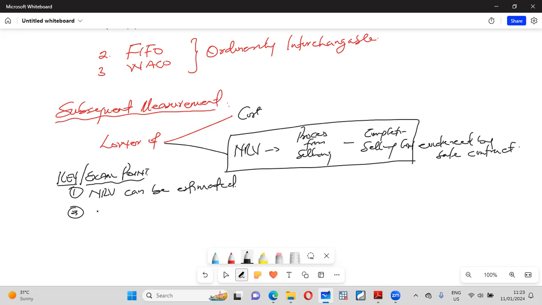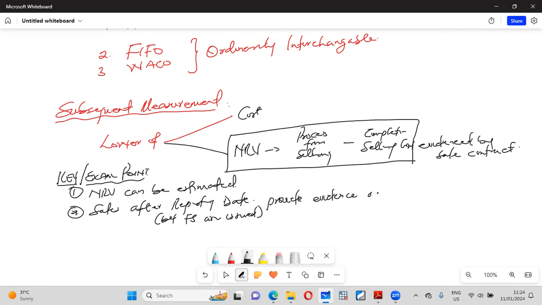If you sell the inventory after the reporting date, before the financial statements are authorized for issue, that sale provides evidence about its net realizable value at the reporting date.